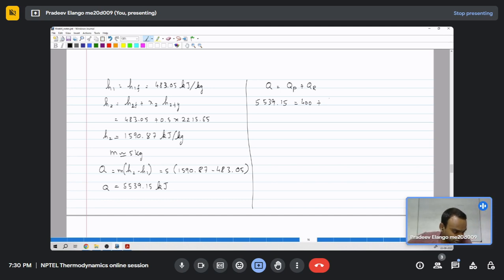we know it is voltage into I into T. So voltage into I is 8 into T is given as 45 minutes. So that will be 45 into 60 seconds, and this entire thing will be in joules. So to convert it to kilojoules, we divide by 1000. So we can calculate the voltage.